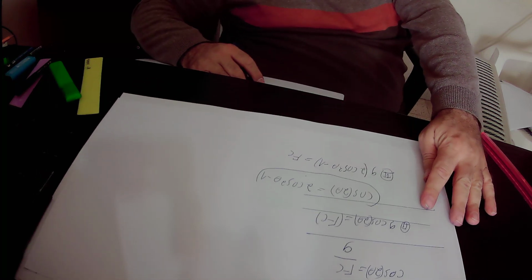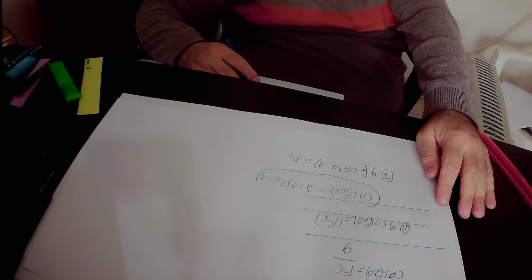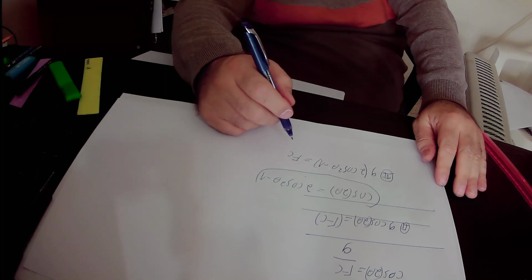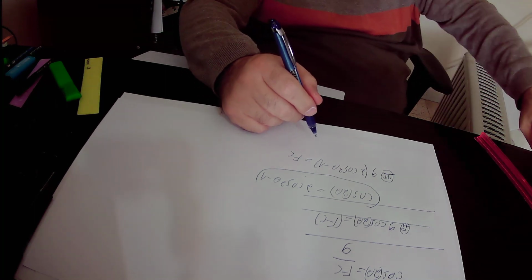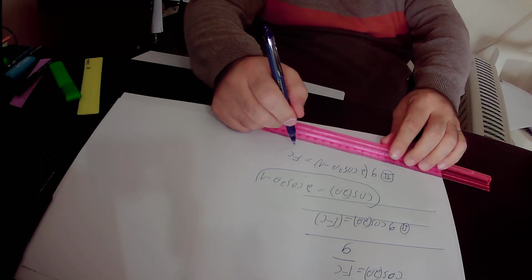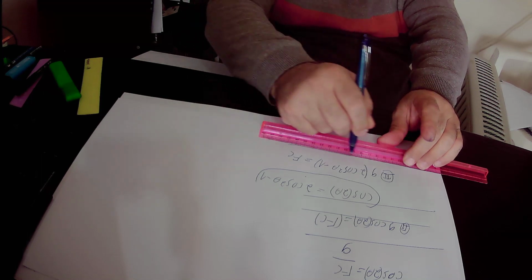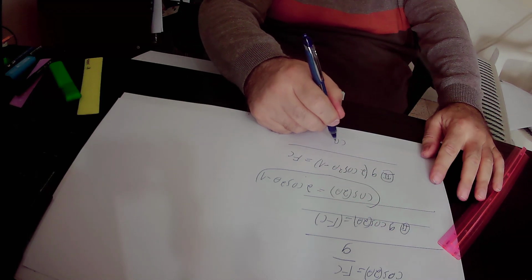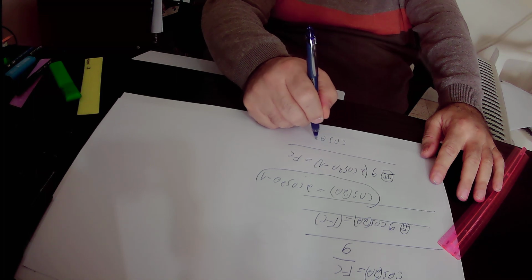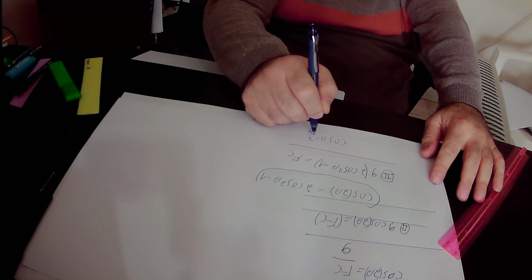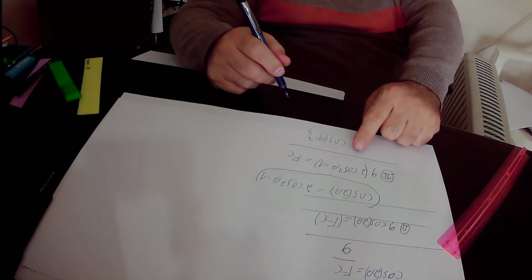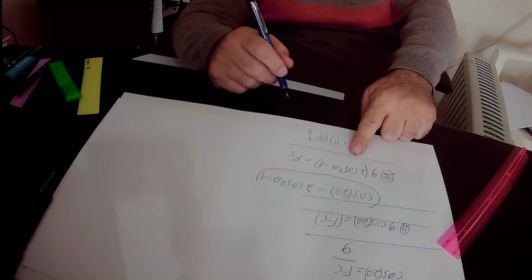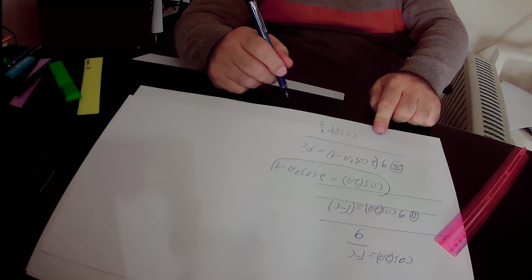Okay, but we have already found out that cosine theta equals 7 over 9. We know that cosine theta equals 7 over 9, so we can substitute cosine theta in the equation number 2 by 7 over 9.